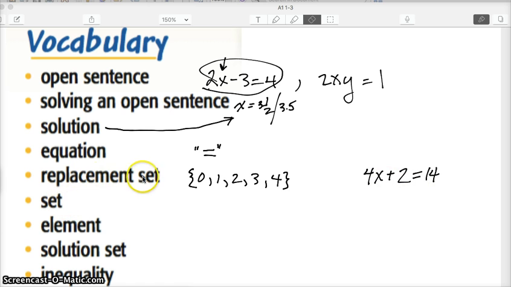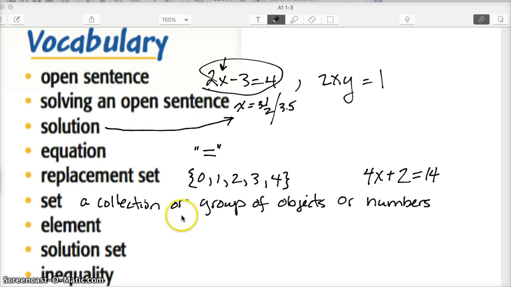So we've already talked about a replacement set, yet we have this word set. A set is basically just a collection of numbers or objects or letters, a collection of things. This collection or group of objects or numbers is usually bracketed off in this way. You'll usually see curly brackets on either side.